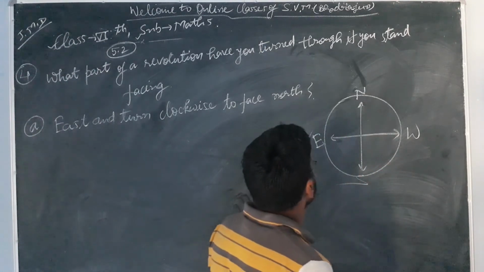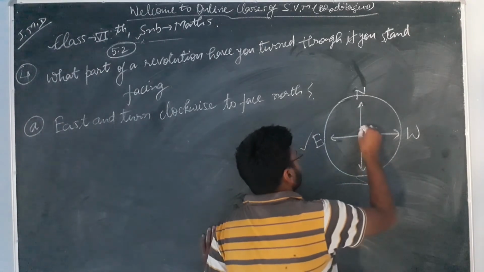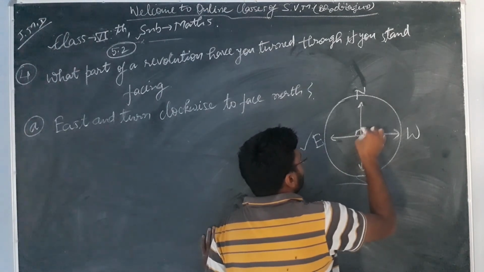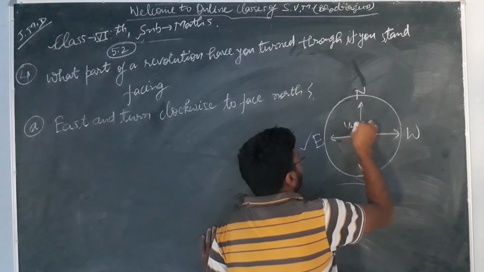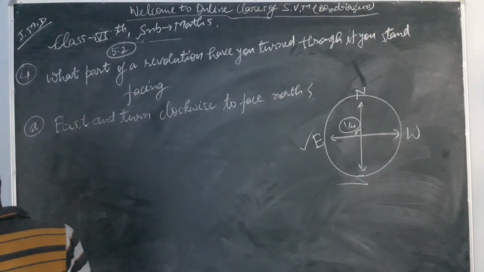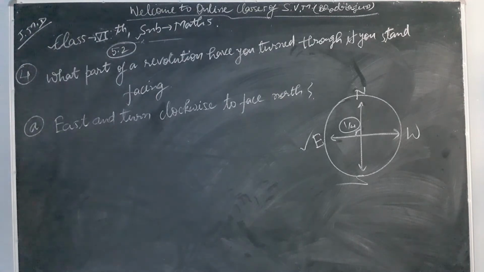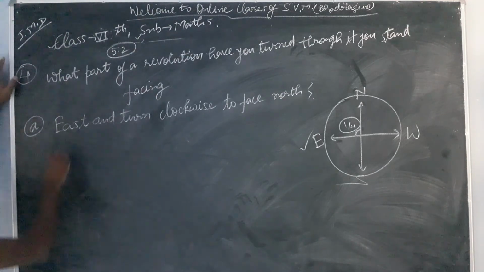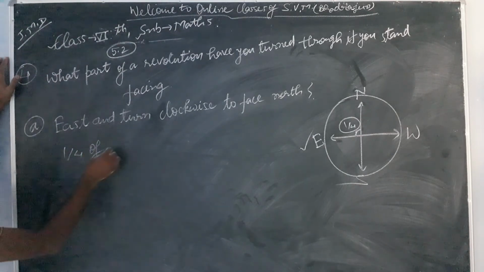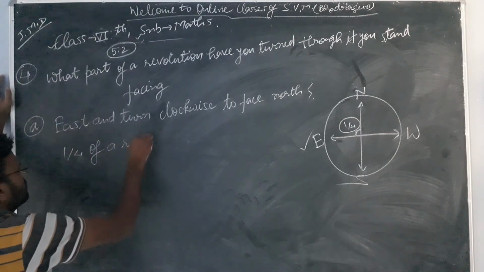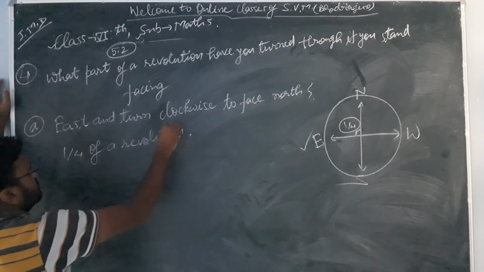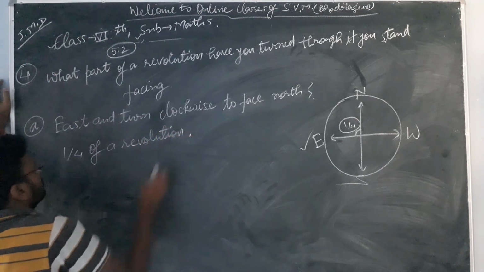So this is the phase we have to move, and this phase is equal to 1/4. We have moved one fourth of a revolution.